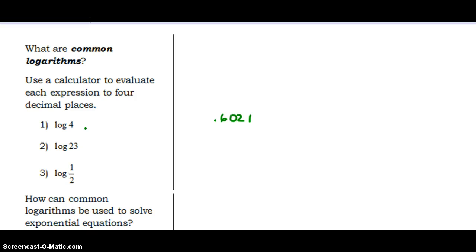All right, so our common logarithms, remember our log base 10, and we also use log base e. Remember, log base e is the natural logarithm. And these common logarithms are in our calculator, and that's why they're used.